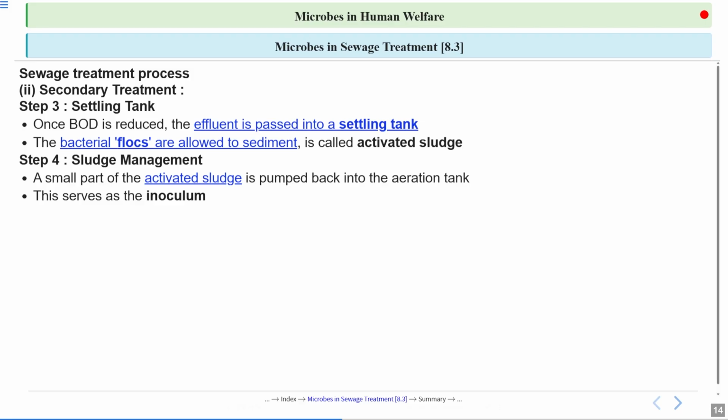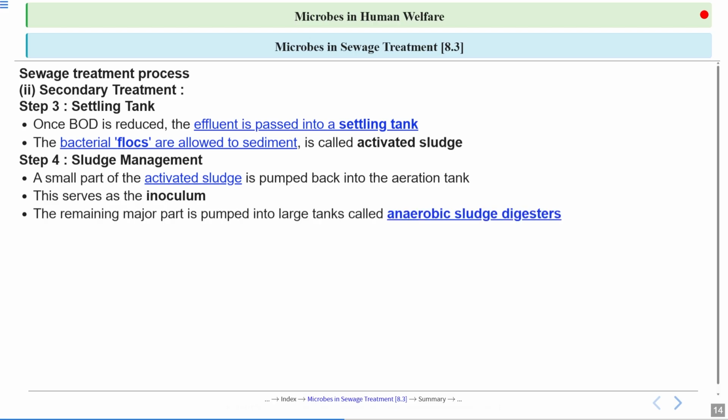This serves as an inoculum. It acts as a seed culture, introducing new bacteria to the fresh wastewater in the aeration tank to start the process of breaking down organic matter all over again. So this activated sludge is used as an inoculum to again start the breakdown of the organic matter.